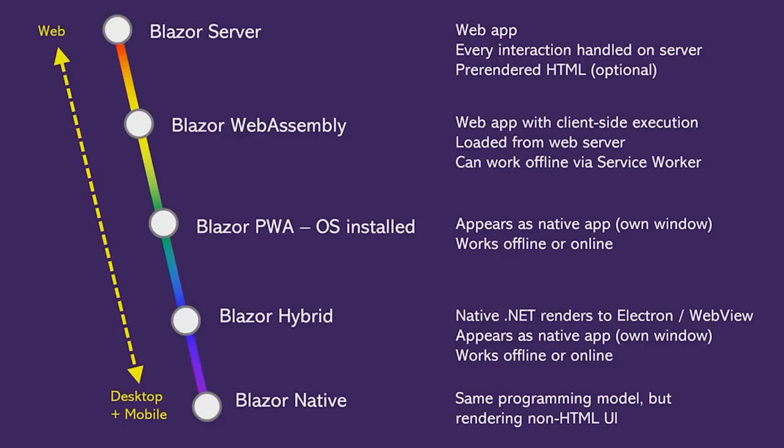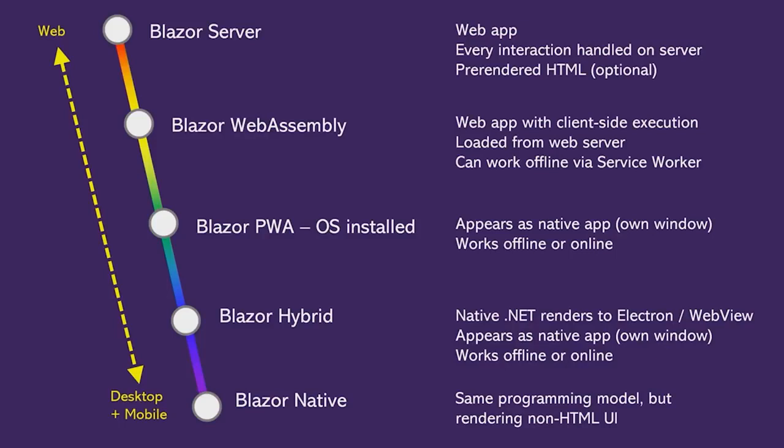Later this year, we will ship support for Blazor WebAssembly, where you can then run your components client-side on the user's device using WebAssembly. You can extend your Blazor apps to become progressive web apps using existing open web standards, and then enable more native-like features like offline support, or the ability to pin your app to the home screen of your phone, or other OS integrations like having it show up in the Windows 10 Start menu.